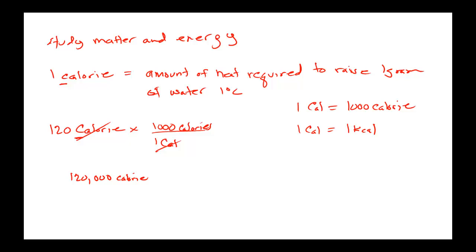Now, the unit for heat and energy in the metric system is the joule. So we need to have a relationship between calorie and joule. Here's the relationship. 1 small calorie is equal to 4.184 joules.